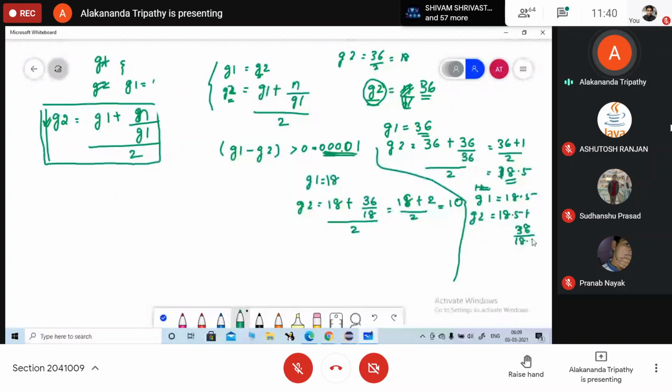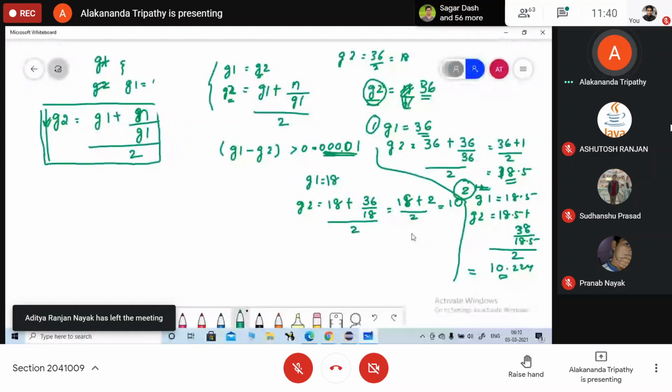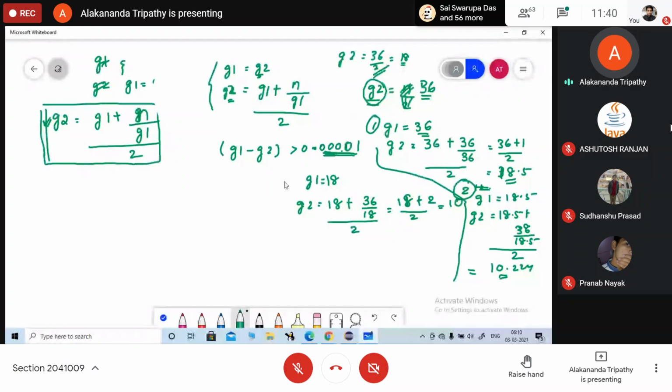You will get 10.224। Yes, ma'am. समझ गए. और अभी कितने स्टेप में तुम्हारा 10.224 आया है? ये पहला स्टेप गया। ये कौन सा स्टेप गया? स्टेप 2। लेकिन अगर मैं G2 में 36/2 सेट कर रही हूँ तो कितने स्टेप में मैं 10 तक आ जाऊंगी?